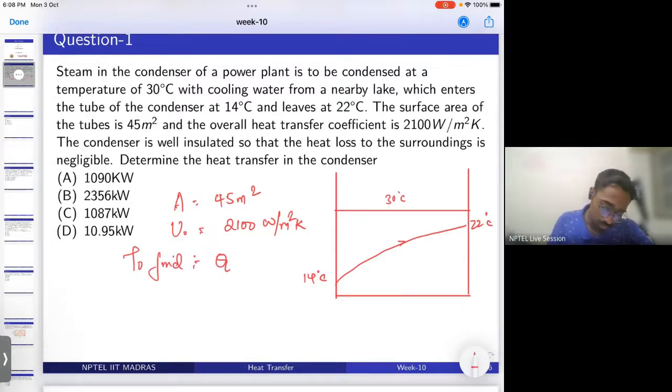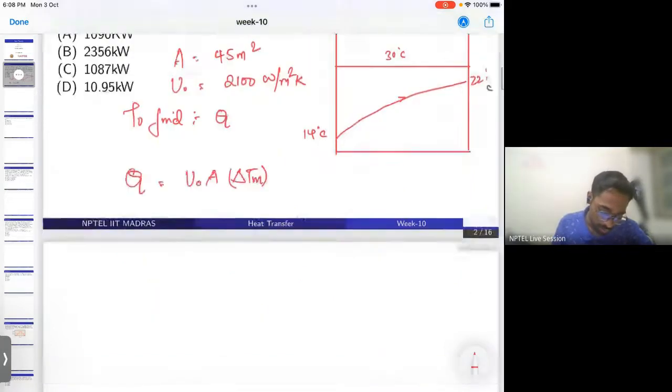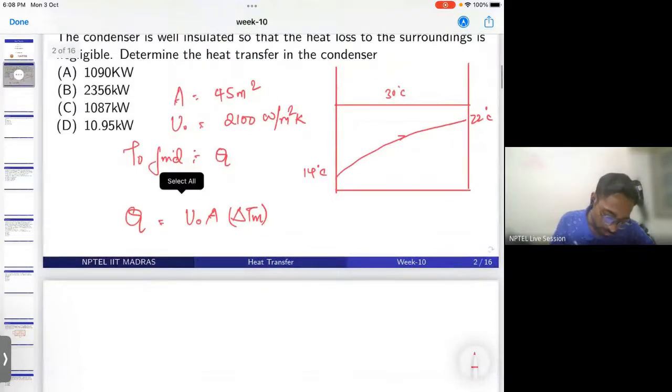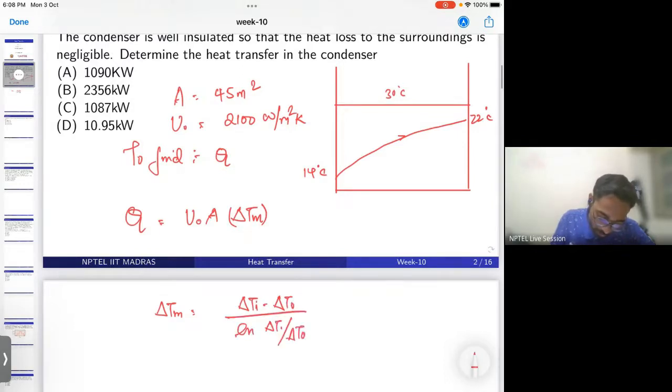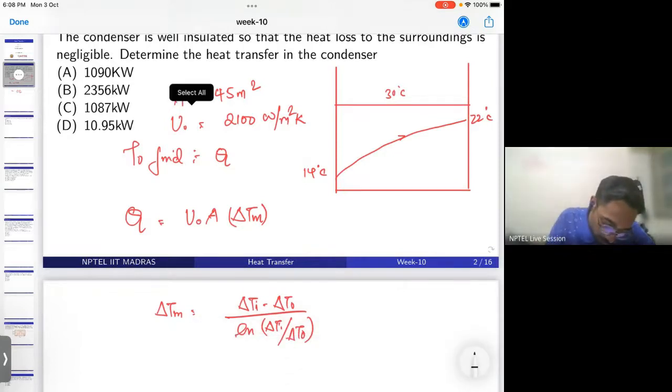Q is simple; we already discussed similar types of questions in the previous classes. Q = U0 times A times LMTD, the log mean temperature difference. LMTD is delta Ti minus delta To divided by ln(delta Ti by delta To).